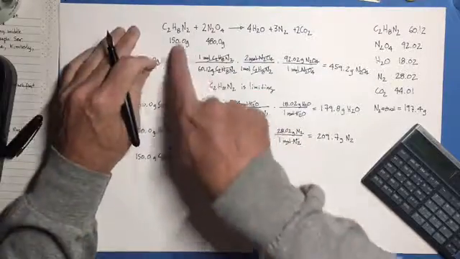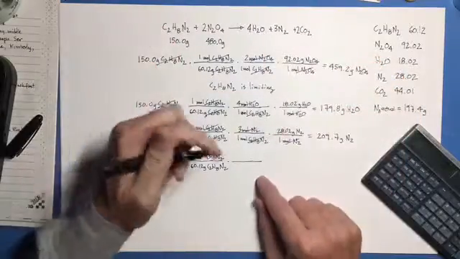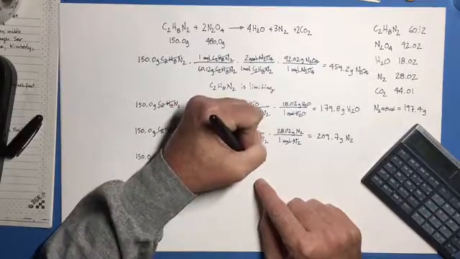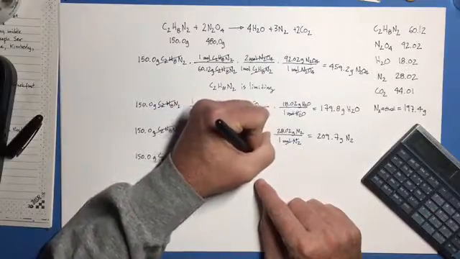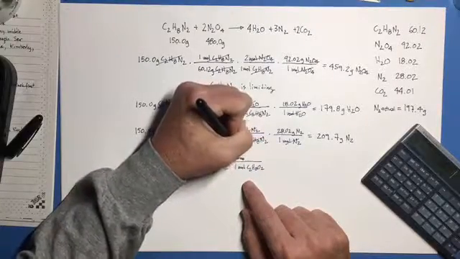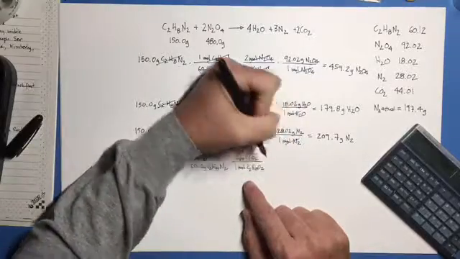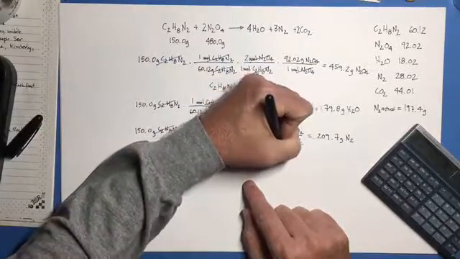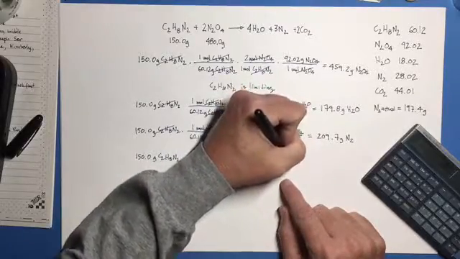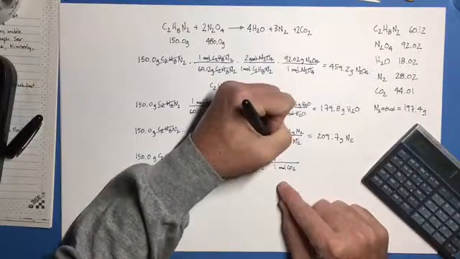Now my balanced equation tells me that 1 mole of this is equivalent to 2 moles of carbon dioxide. So down below here I'll put 1 mole C2H8N2, and up top here I will put 2 moles of CO2. Now I want grams of CO2, so I'll do one more conversion here. So 1 mole of CO2 is equivalent to 44.01 grams of CO2.